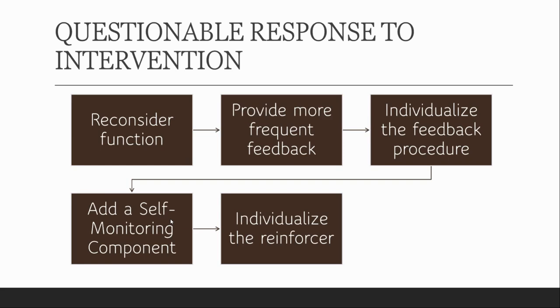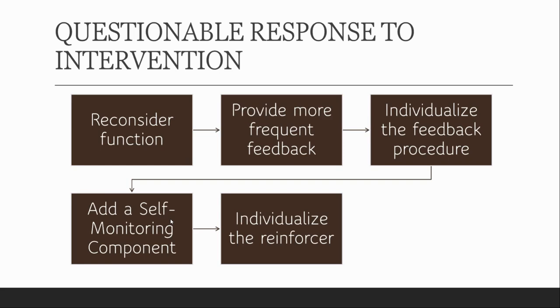Another thing that they can do if the student is having a questionable response is to add in a self-monitoring component where that student is also going to begin to rate and reflect themselves. And then lastly, they can individualize the reinforcer or the positive consequence.